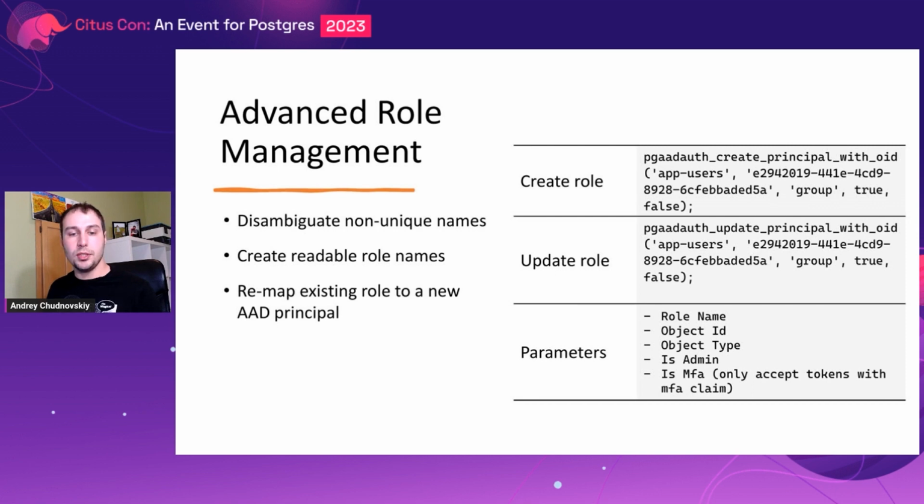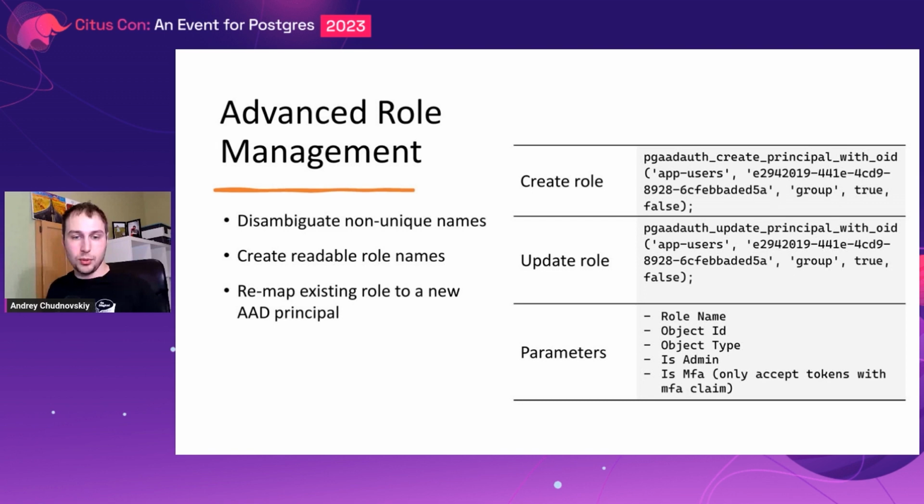So you would need to provide the object ID and the object type when creating the role. Then the Flexible Server would validate that this object ID and type indeed exist in the tenant, and then do regular token validation, and the connection can go through.